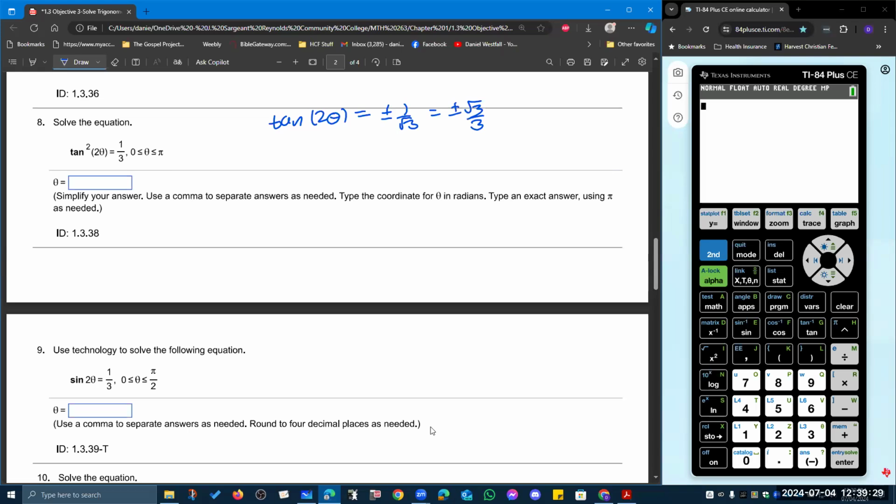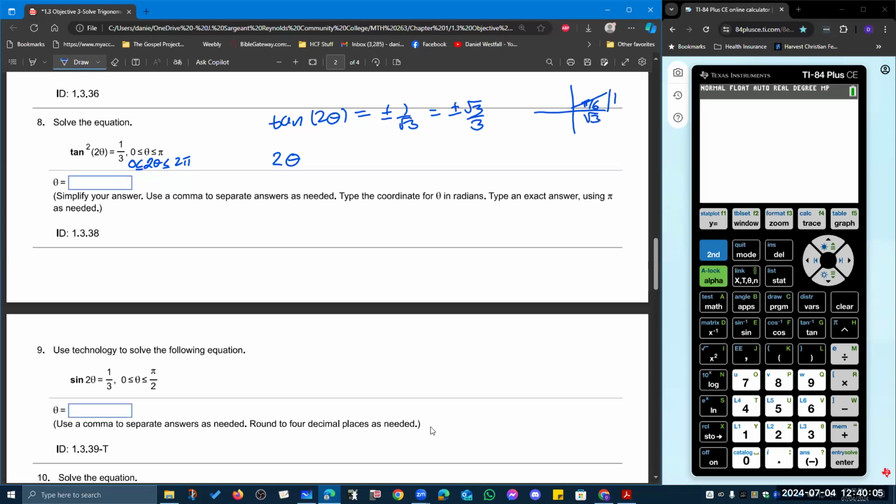2 theta is going to be between 0 and 2 pi. So where are all the places between 0 and 2 pi where tangent has a value of plus or minus root 3 over 3, or plus or minus 1 over root 3? Let's see what our reference angle is here. So 1 over root 3, that's going to be a reference angle of pi over 6.